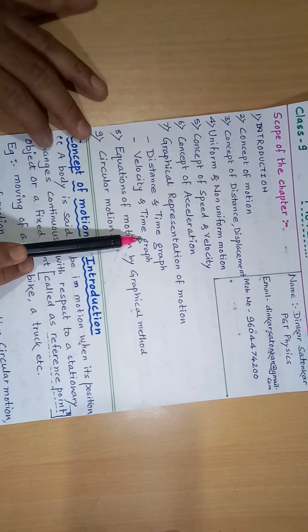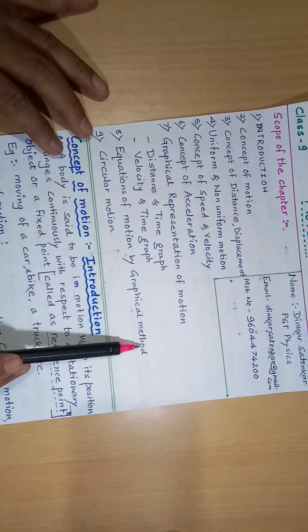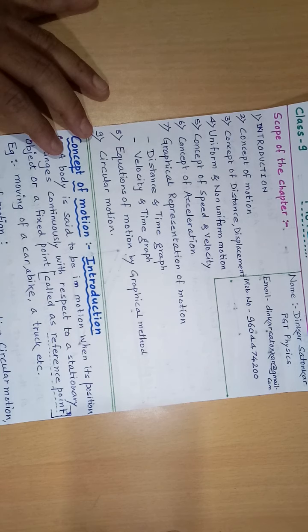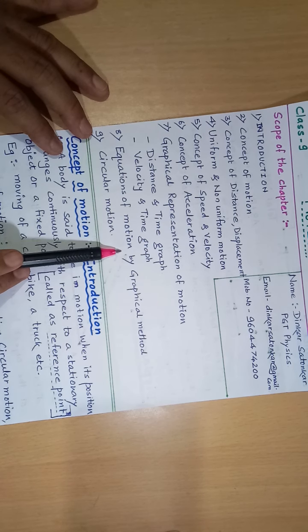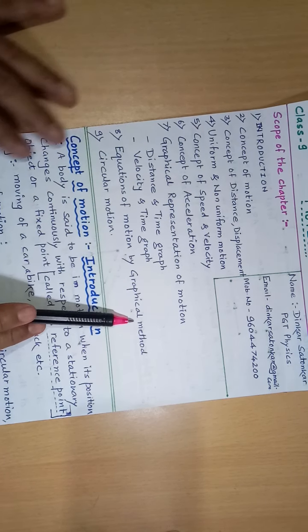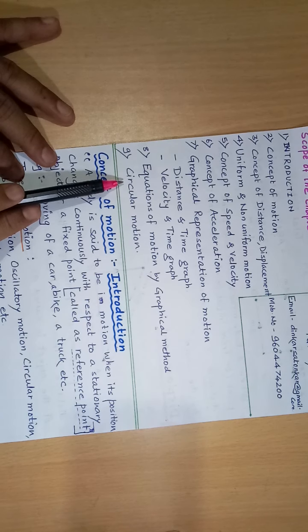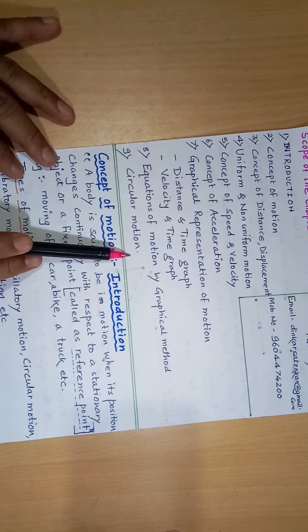Later we will see the equations of motion by the graphical method. Motion can also be represented with mathematical expressions, and by this graphical method we will see how those equations of motion can be determined. And at last we are going to study the circular motion of an object.